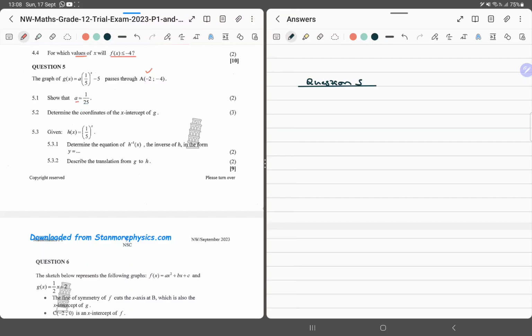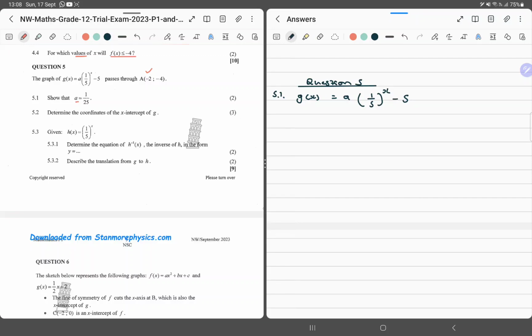That's a very easy question. First of all, you write what you are given. G of x is going to be A into 1/5 to the index x minus 5. Okay.